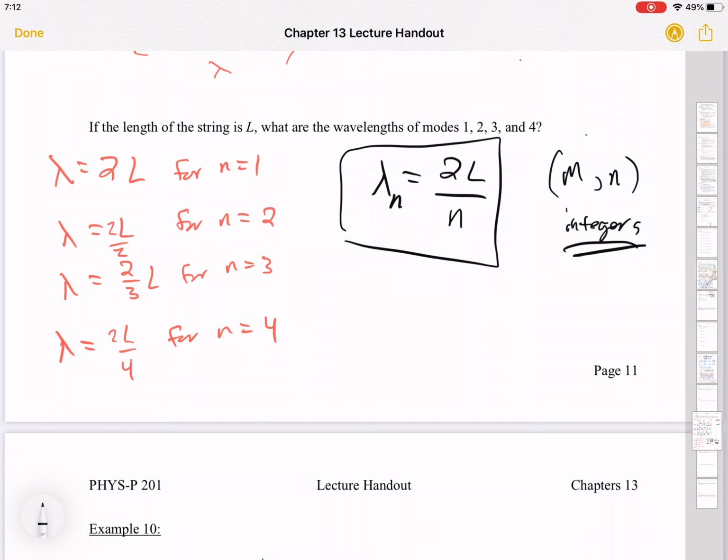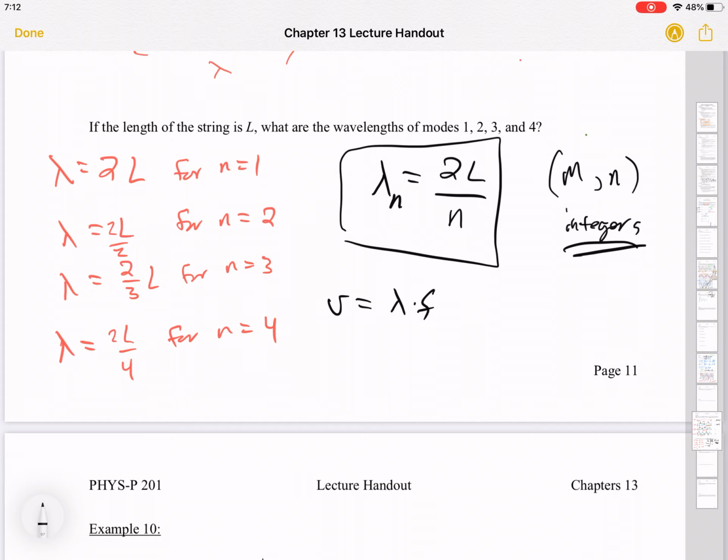Again, this works out. For the first mode, I plug in n equals 1, and I get 2L. N equals 2 gets me just L. N equals 3 gets me 2/3 L. Remember that wave speed is lambda times f, and wave speed is not a function of frequency or wavelength.